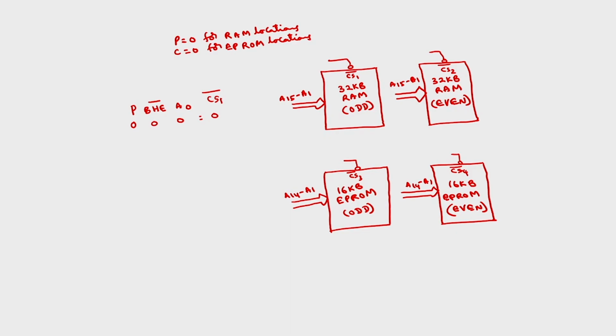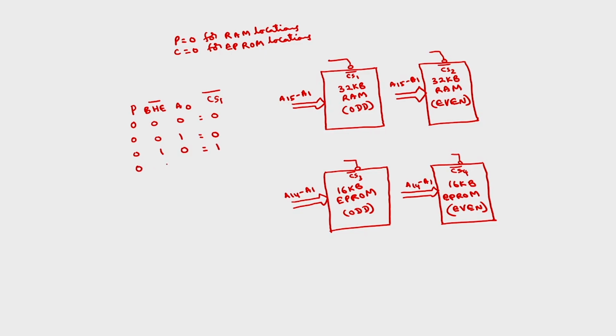And when P is equal to 0, and this is 0 1, what should CS1 bar be? BHE bar is 0, which means the high bank, which is the odd bank, has to be selected, so this will be 0. Then 1 0: this is the even bank, so this will not be selected.